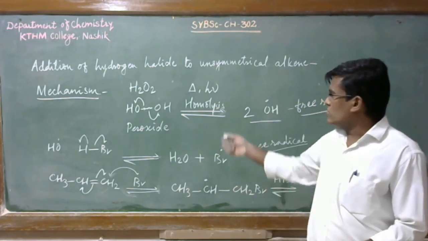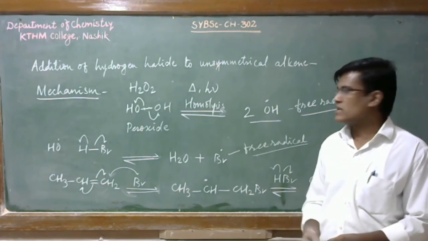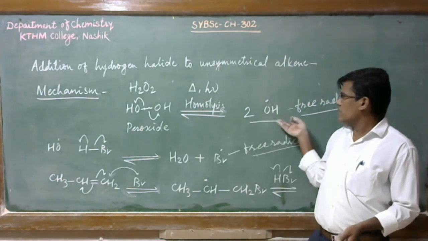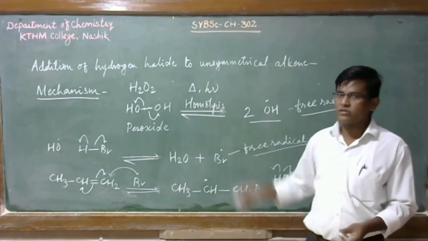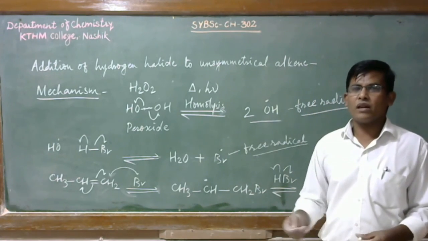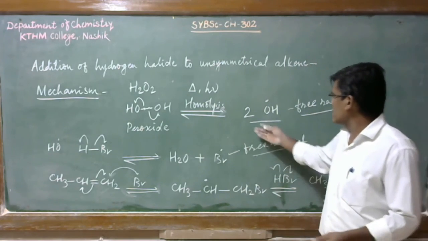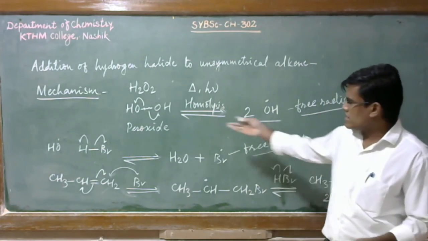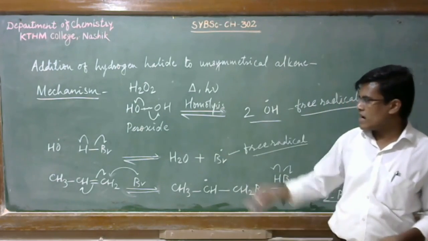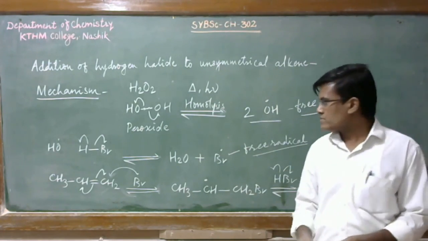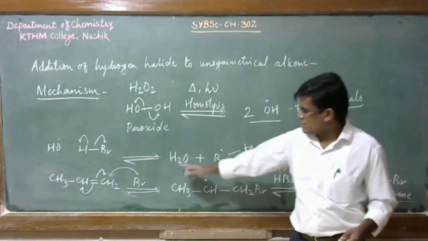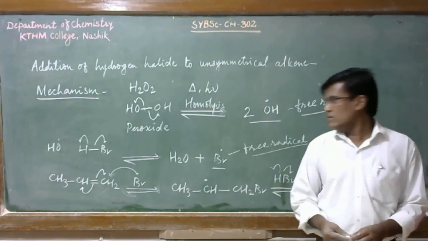This peroxide is highly unstable, so it can cleave to the OH free radical in the presence of heat or sunlight. In the next step, this OH free radical will add to HBr, so it will generate the Br radical along with an H2O molecule.